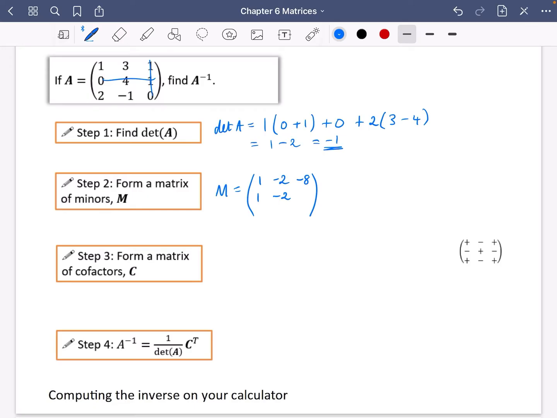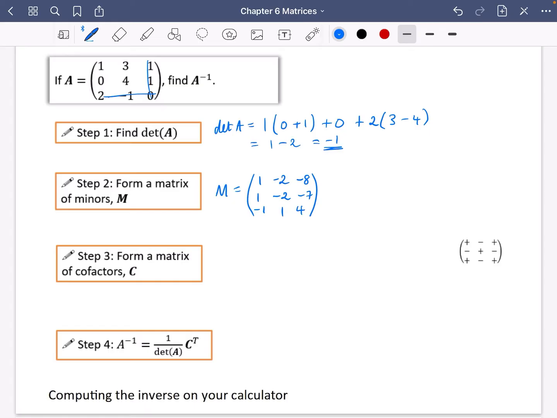And I'm going to minus 6. Minus 1 minus 6 is minus 7. This one here, 3 times 1 minus 4 times 1. That's just 3 minus 4, which is minus 1. And then I'm going to do for this one, 1 minus 0. And then my last one, I have got 4 minus 0, so it's just 4.